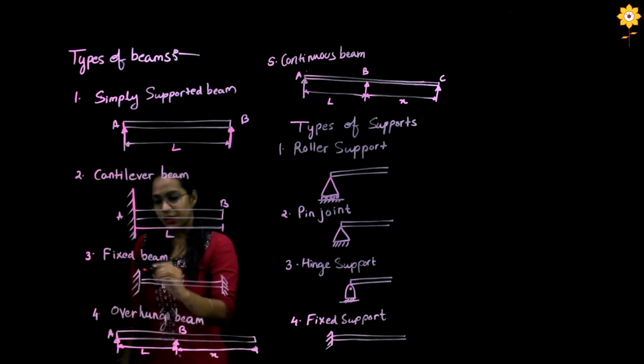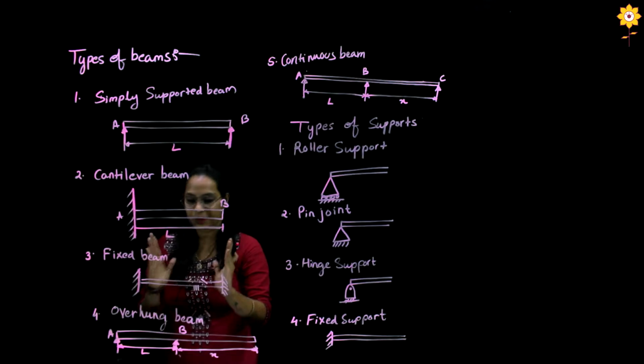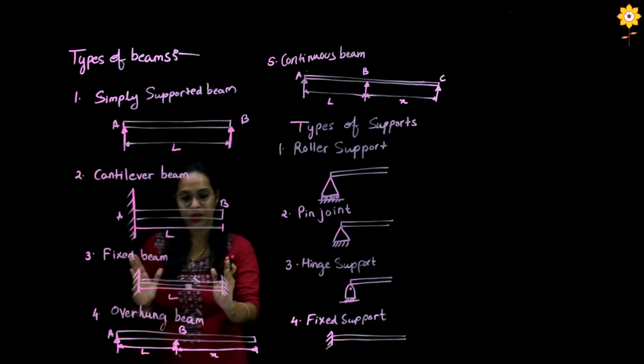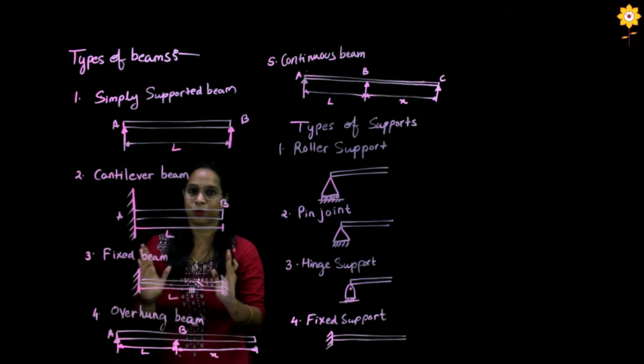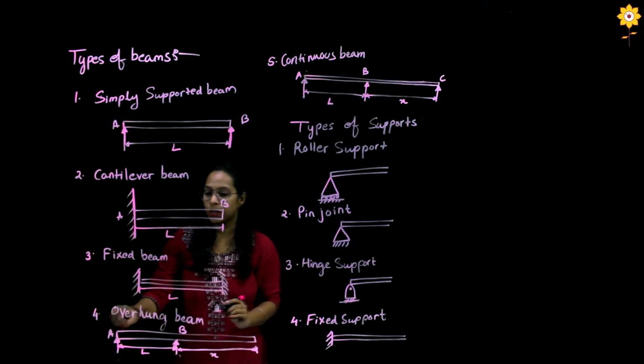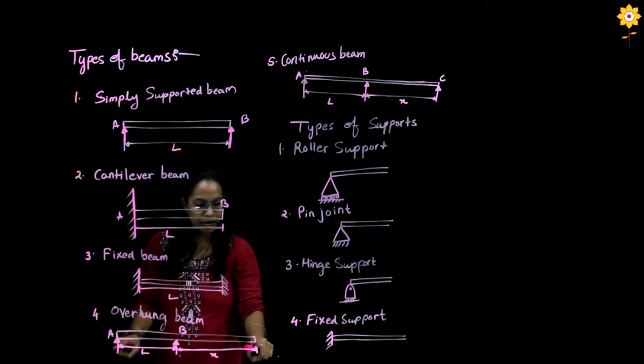Now the fixed beam. A fixed beam is supported by two fixed structures, and the beam lies between those two fixed structures. The fourth one is an overhung beam. If you see, this has two supports, one at the start, that is end A, and the other at B, but the end of it is hanging, that is overhung.